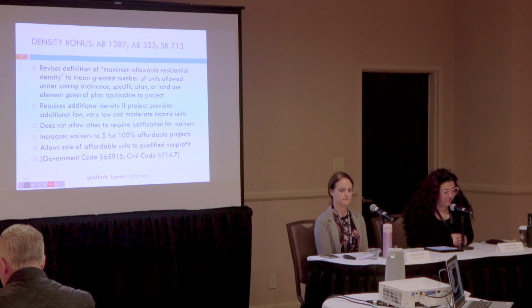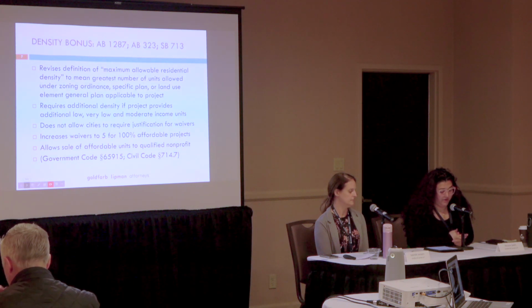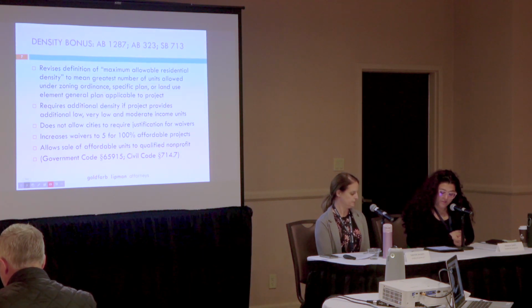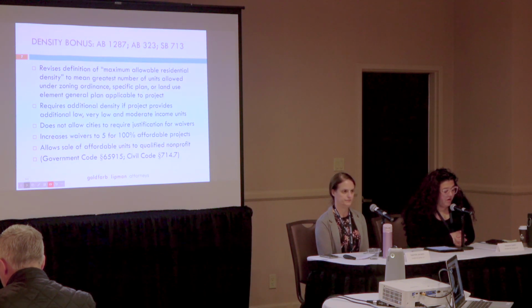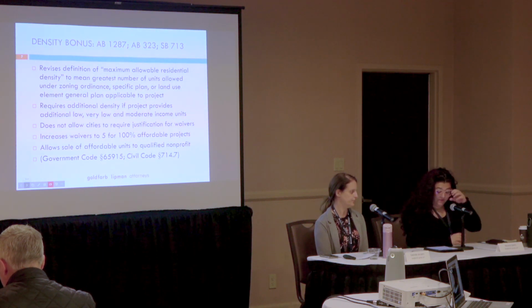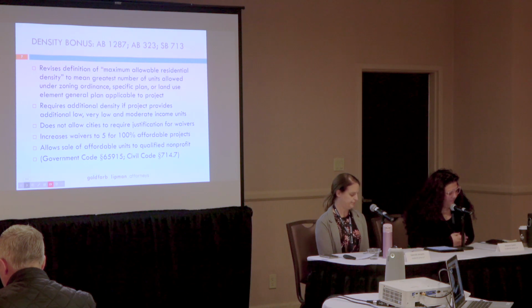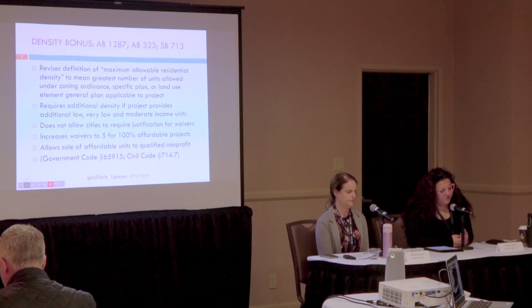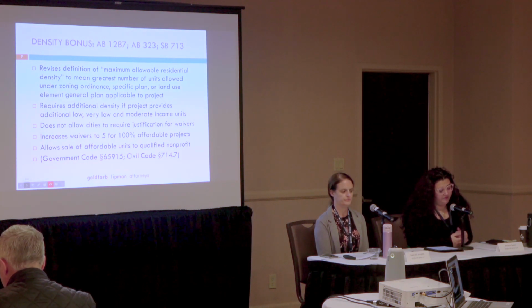It revises it to say it's the greatest number of units allowed under the zoning ordinance, specific plan, or land use element of the general plan applicable to the project. And then lastly, it increases the number of incentives from 4 to 5 for 100% affordable housing projects.